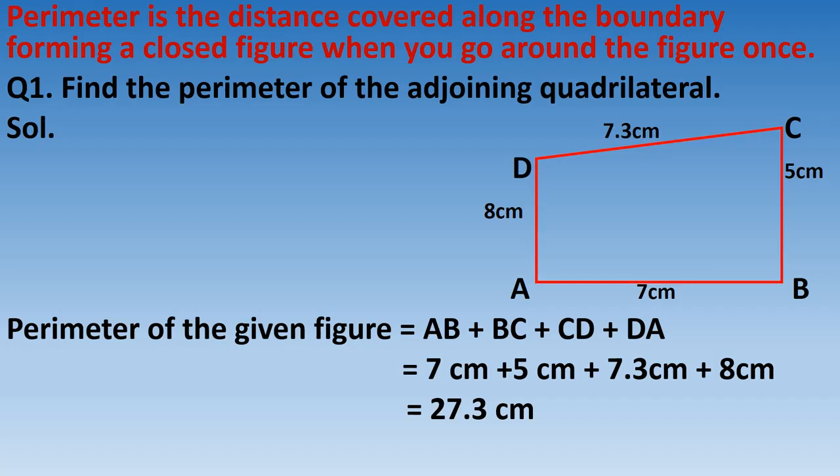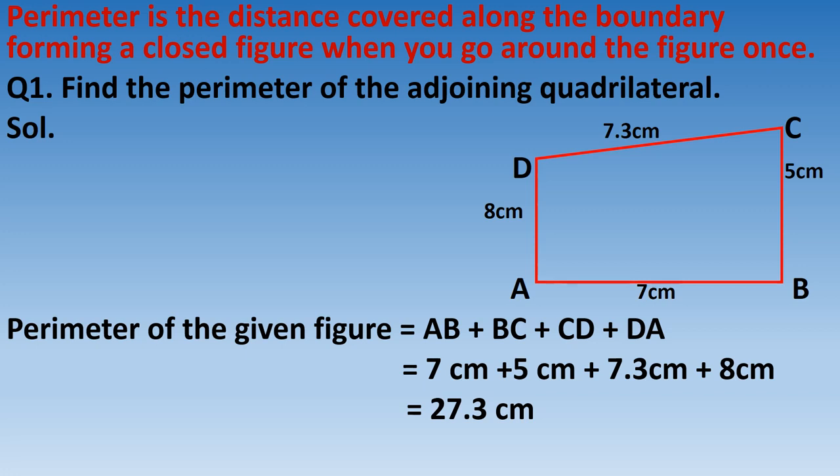which is 7 centimeter. Then plus BC. What is the measurement of BC? BC is 5 centimeter. Plus CD. What is CD? CD is 7.3 centimeter. And plus DA.